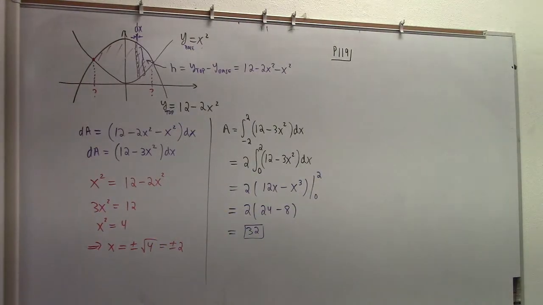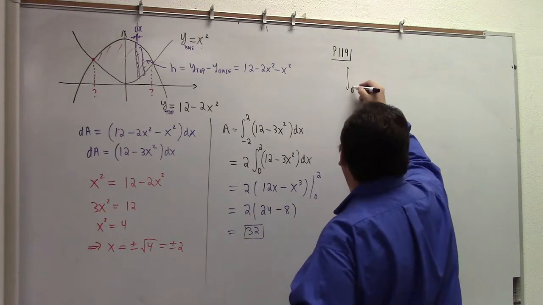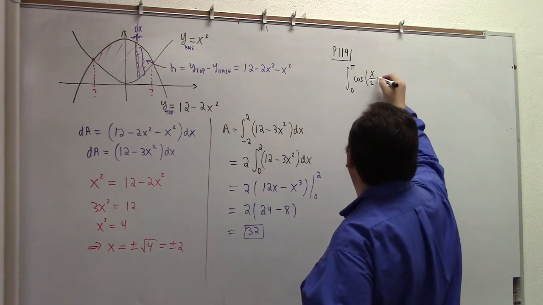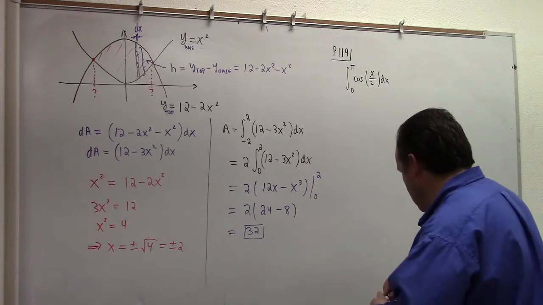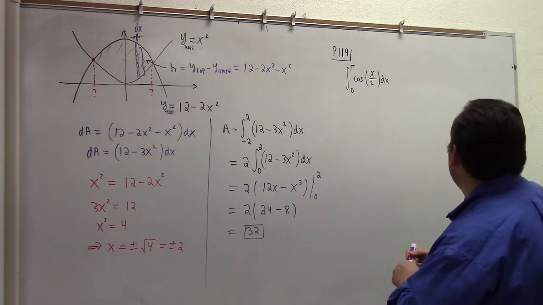So this is 119. The integral from 0 to pi of cosine of x over 2. Okay, so what did you try? Try to use substitution. And would you let u equal what?